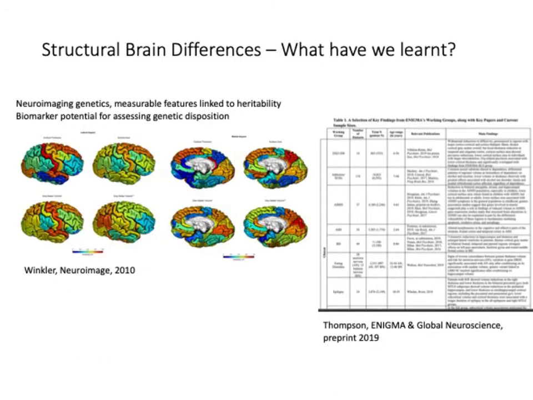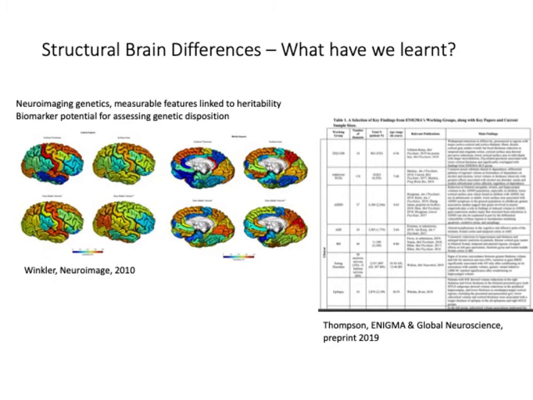Besides the links to cognition and disease pathology, scientists have also found that the structural features such as volume and thickness have a heritable component, that is, they are genetically linked. The image shown here shows the brain regions and the degree to which they are linked to genetic factors, where those regions colored more to the red tend to have a higher dependency on genetic factors.